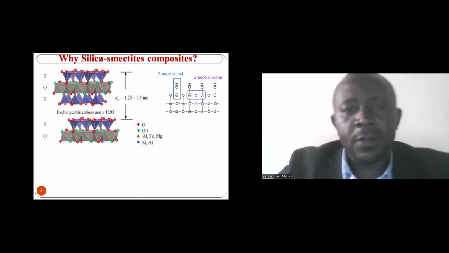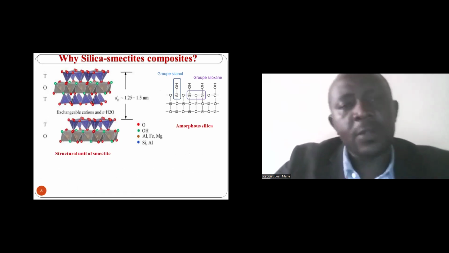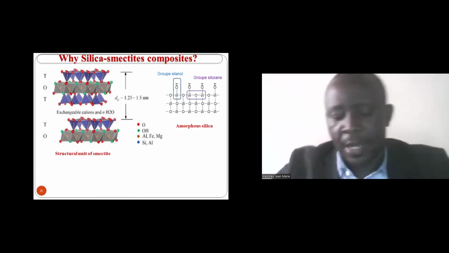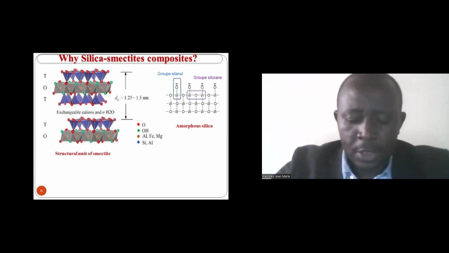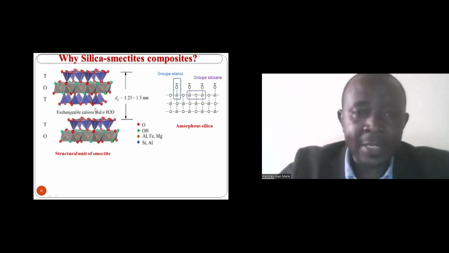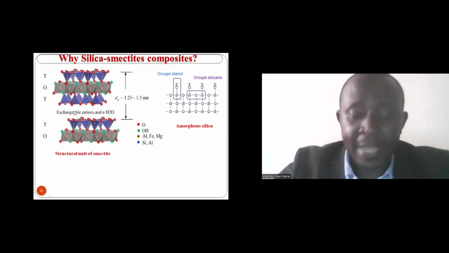And smectite clays know a growing interest in composite synthesis due to their structure, which provides accessibility to the interlayer species, giving the possibility of inserting some molecules with chosen properties.